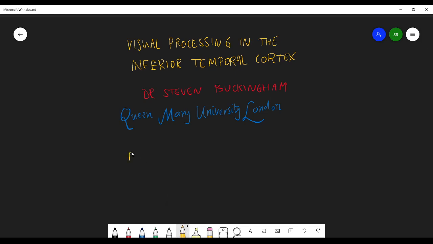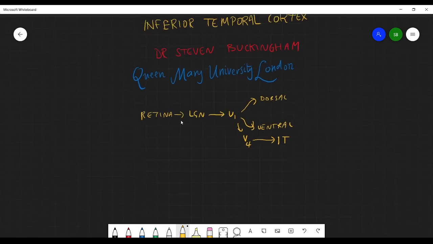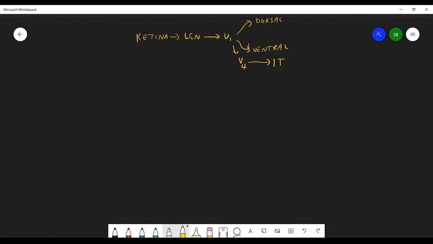Just to recap, we have retina to the lateral geniculate nucleus to V1, then V1 to the dorsal stream and the ventral stream, and in the ventral stream V1 goes to V4, which processes colour and shape, and V4 then goes to the inferior temporal cortex. Let's just draw that on a quick map of the brain.